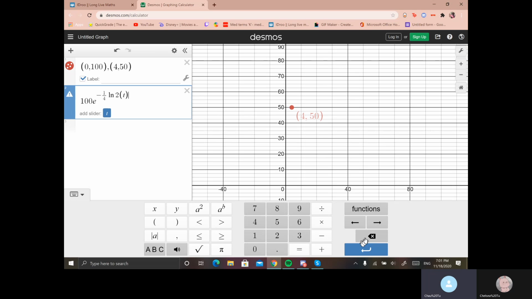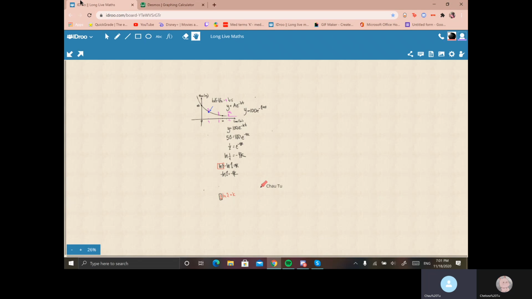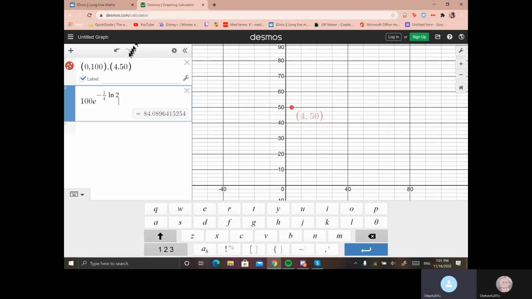Chelsea, Desmos doesn't understand T. It only understands X and Y, because the graph is X and Y. But with you and me, we use time, T, to represent our situation. Desmos doesn't understand that. So how do you get Desmos to draw your graph?